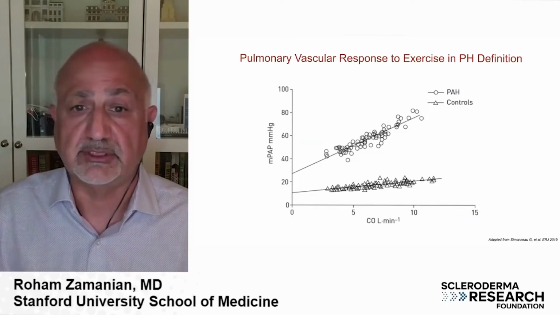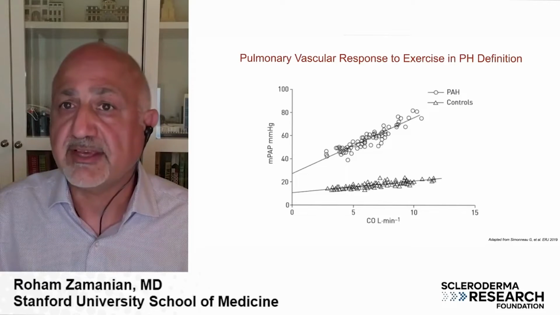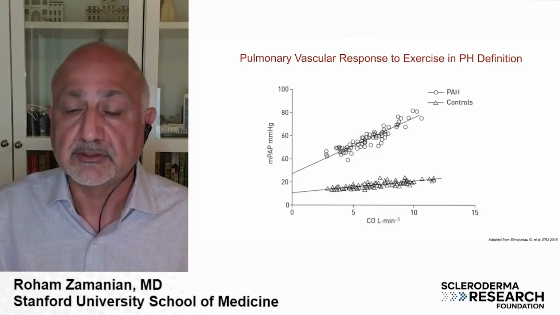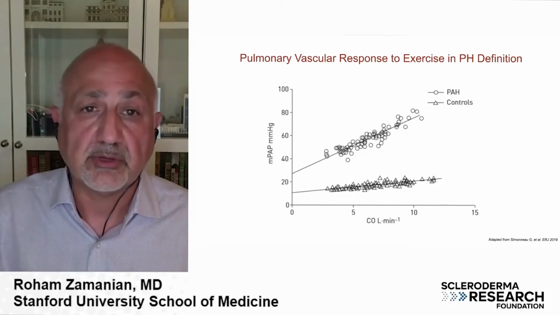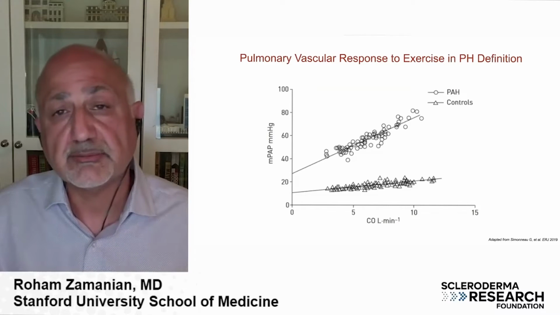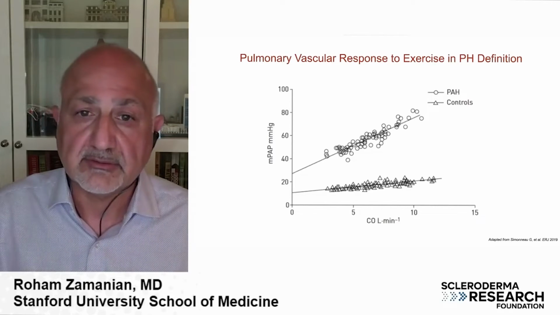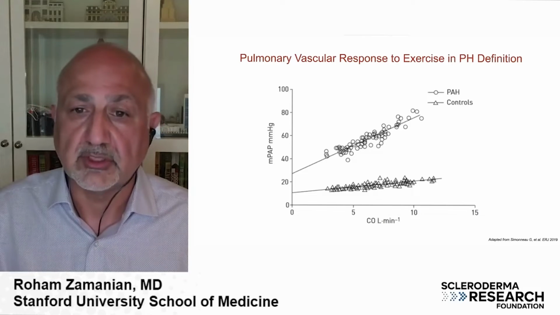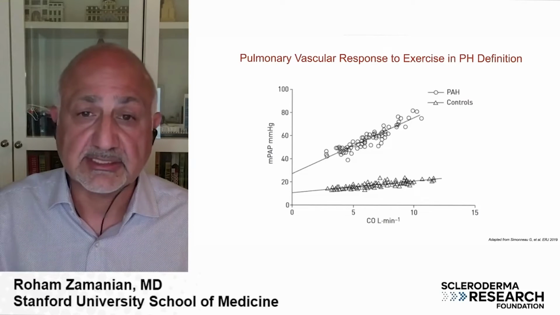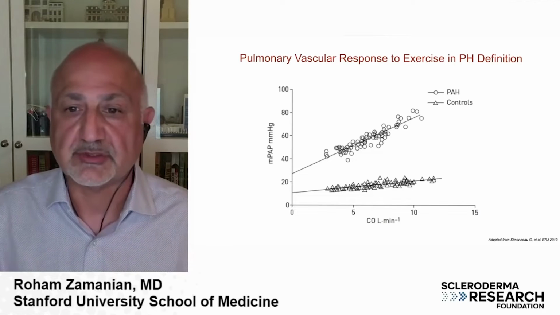relevant to scleroderma, is the concept of exercise testing. So when we do a right heart catheterization, the patients come to the cath lab, they're given medications to make them comfortable, and they're at rest. They're basically sleeping during the procedure, and we measure the pressures.